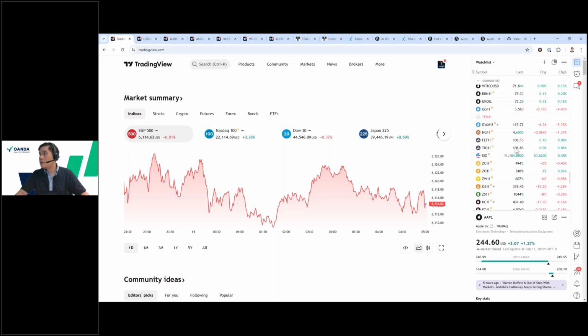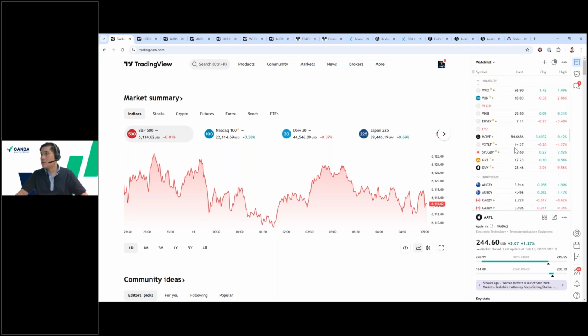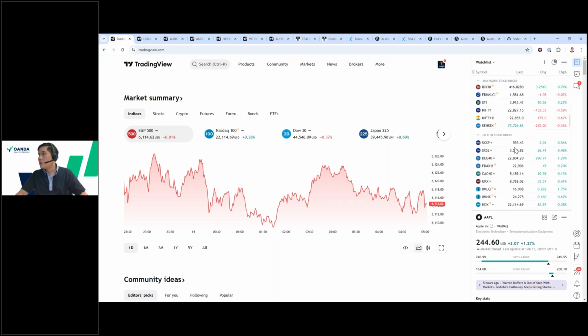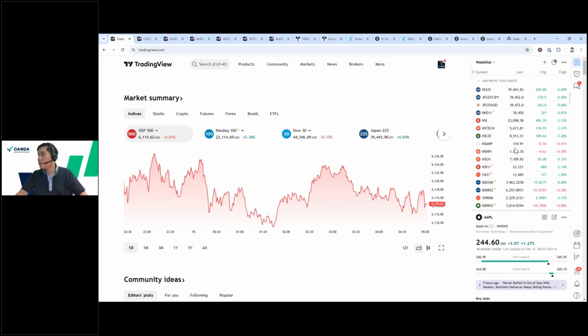If you look at the major Hang Seng indices as of today, as we are speaking right now, all of them continue to rally very strongly. The Hang Seng Index is up by 2%, the higher beta Hang Seng Tech is up by 3%, and the HSCI, the H shares, i.e. China shares listed on the Hong Kong Stock Exchange, is up by 2.15%.